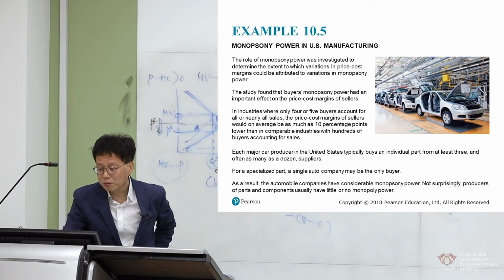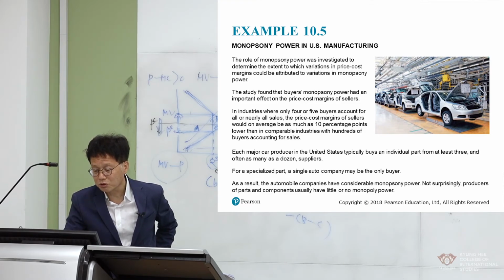The role of monopsony power was investigated to determine the extent to which variation in price-cost margins could be attributed to variations in monopsony power. The study found that buyers' monopsony power had an important effect on the price-cost margins of sellers. In industries where only 4 or 5 buyers account for nearly all sales, the price-cost margin of sellers would on average be as much as 10 percentage points lower than in comparable industries with hundreds of buyers accounting for sales.